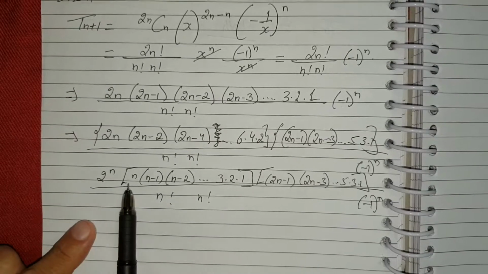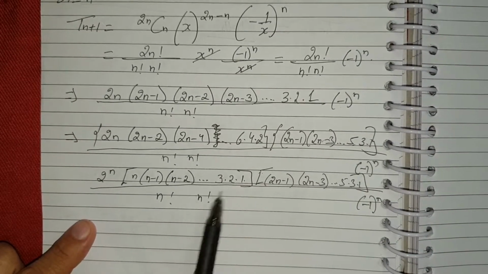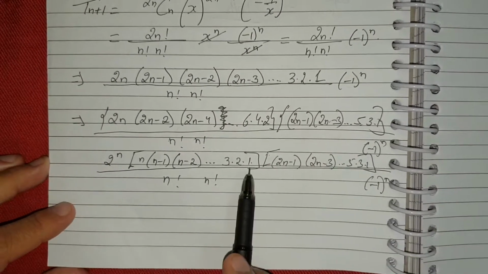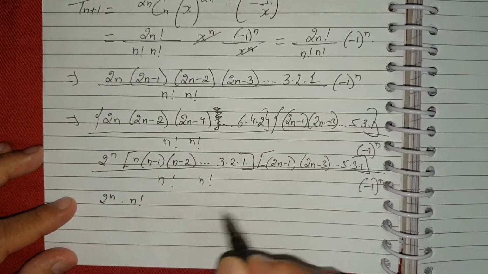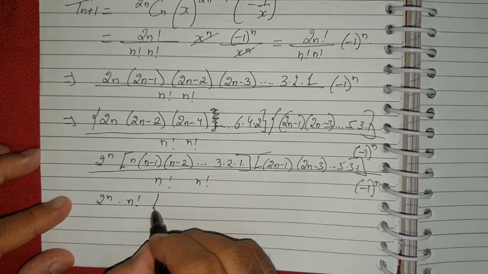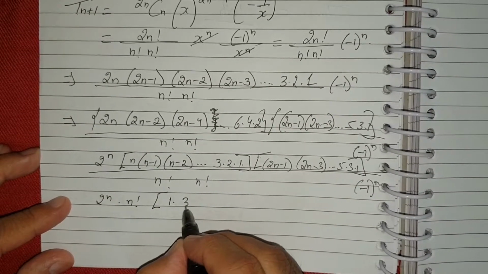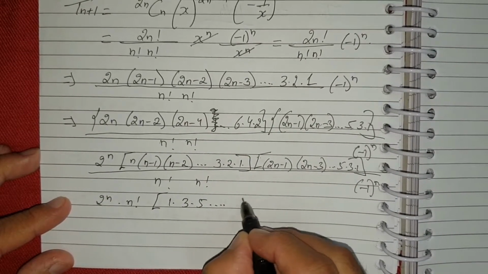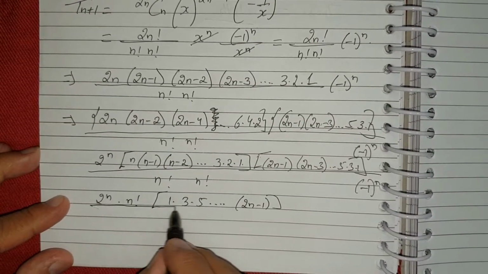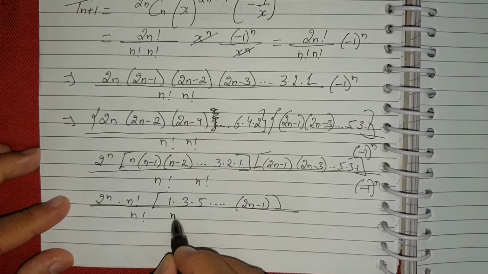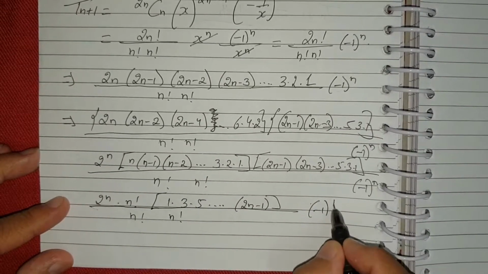Now, this is clearly n factorial. So, this is 2 to the power n into n factorial, and this we can write like 1, 3, 5 and so on up to 2n minus 1, upon n factorial, this is minus 1 to the power n.